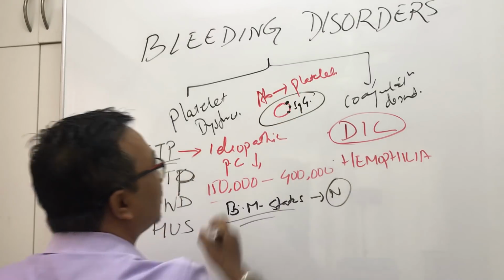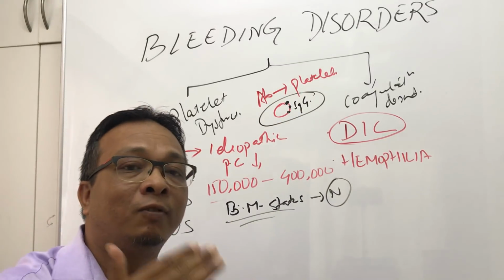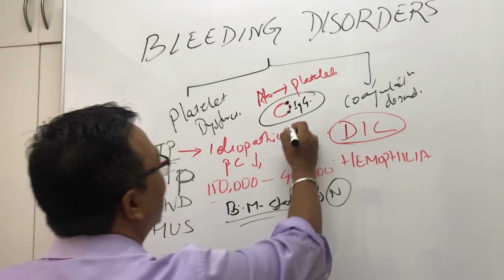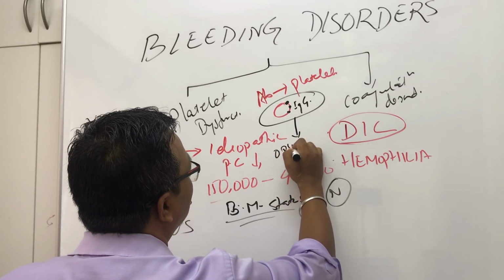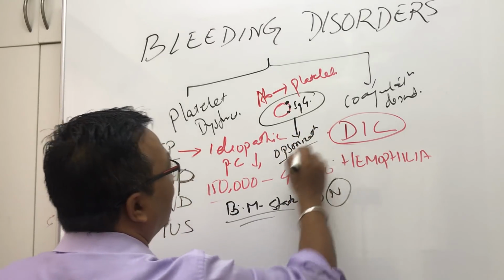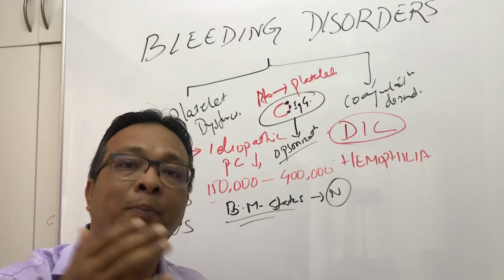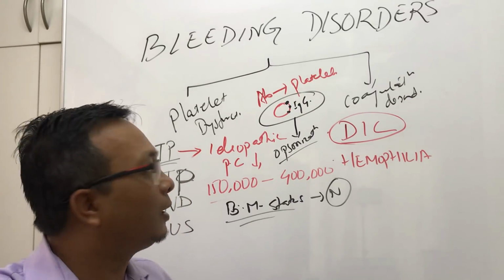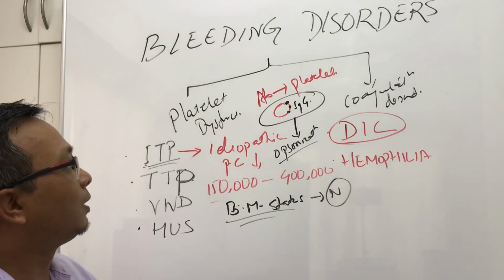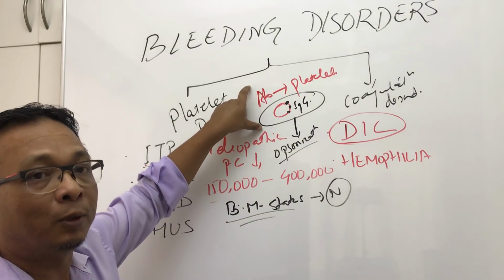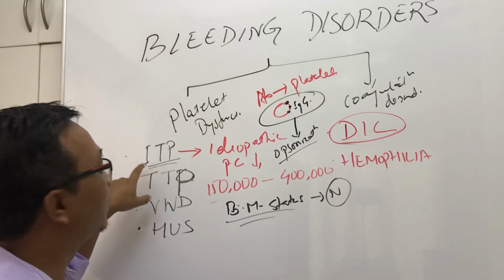So when the platelets are coated with IgG antibodies, they are vulnerable to opsonization. As a result, there will be opsonization, and they are attacked by the splenic macrophages, and they break down, and there is low platelet count. So this is the main pathophysiology, but we don't know why it happens. So that's why we call it idiopathic.